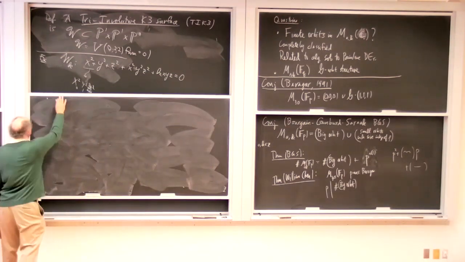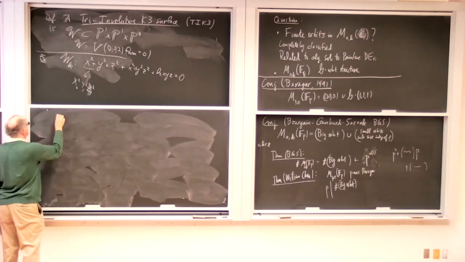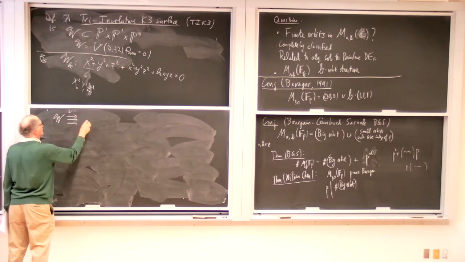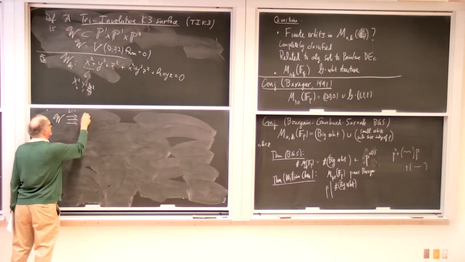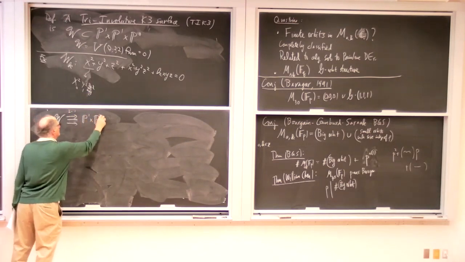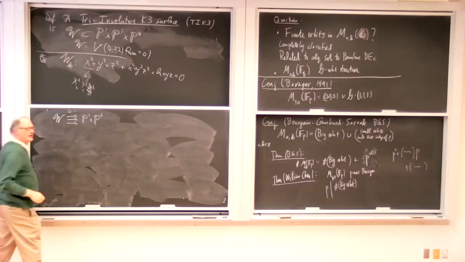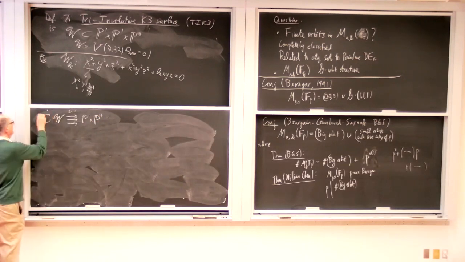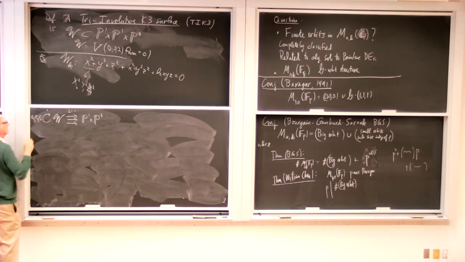Okay, so I have these three double covers, just projecting onto two of the coordinates. They give three involutions. And again, I can ask about orbits.